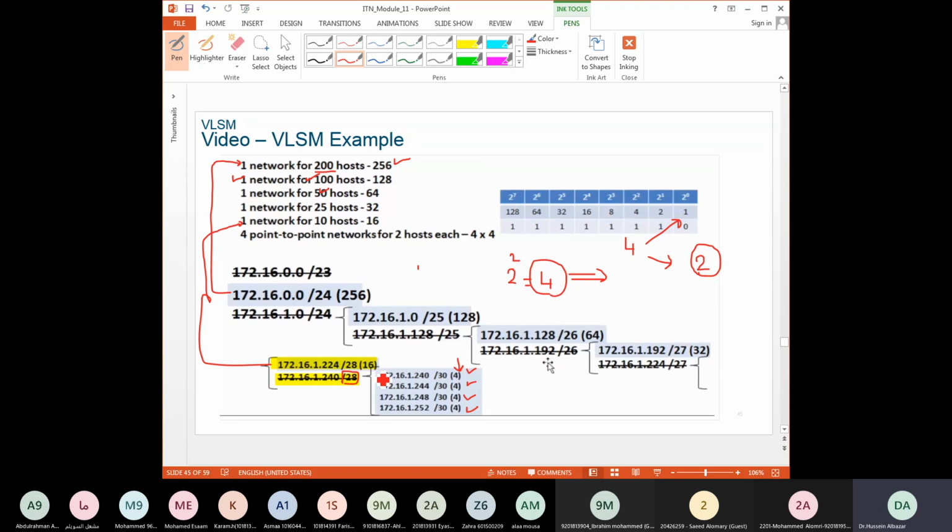We can allocate each one to each point-to-point network, so we'll have 4 point-to-point networks in this case.